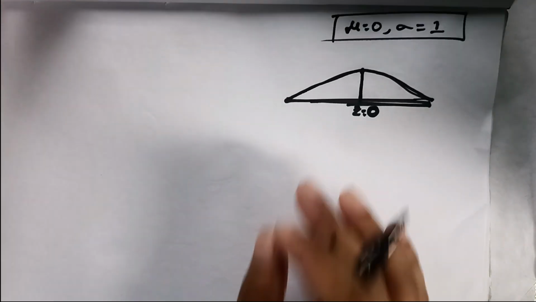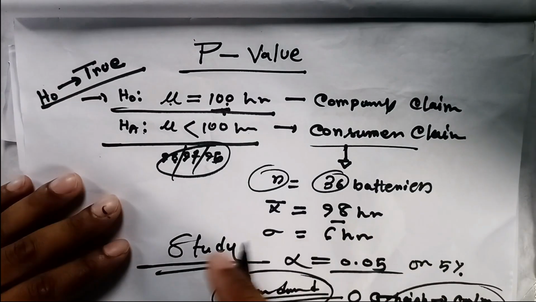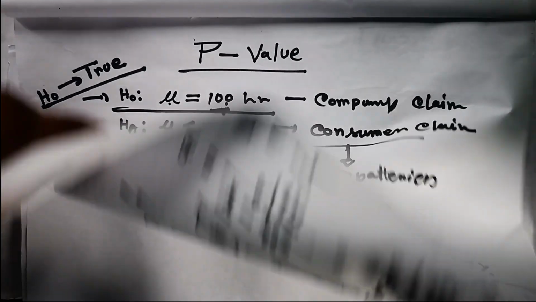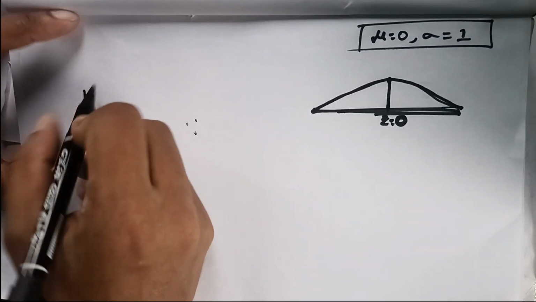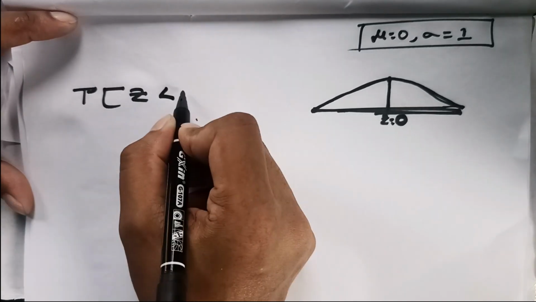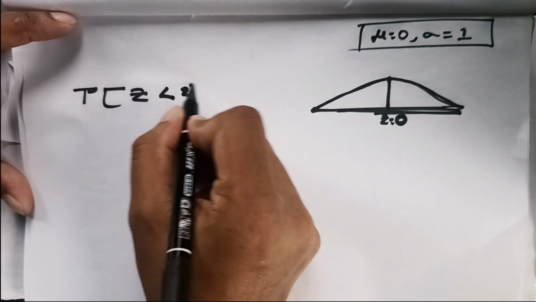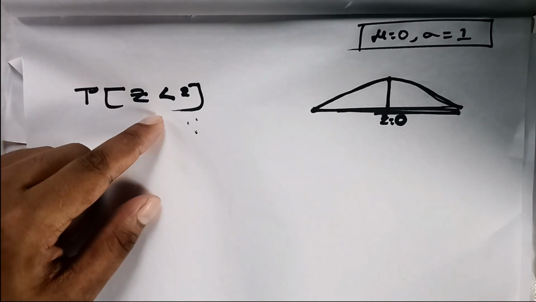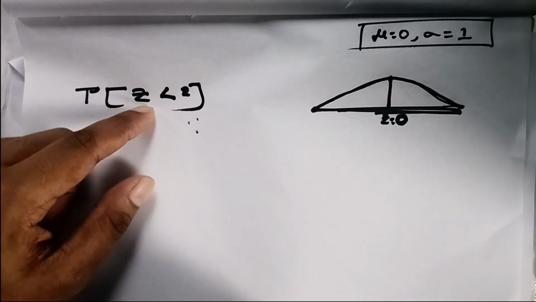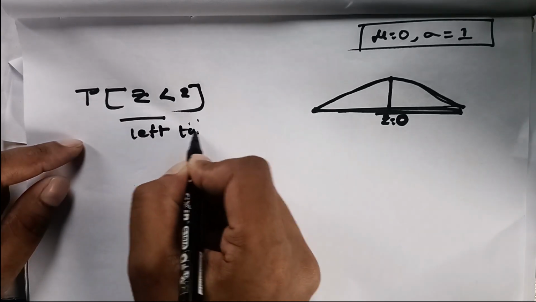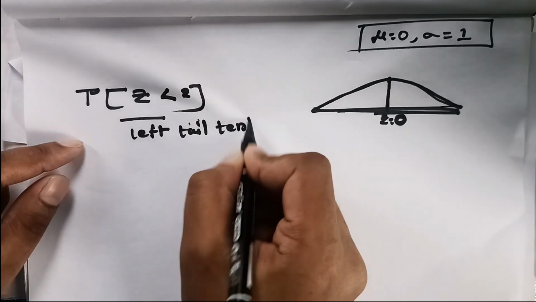Now in our hypothesis we defined mu less than 100, so our probability will be P(Z less than small z), because we are considering the left tail test.